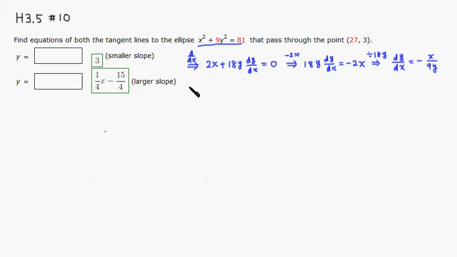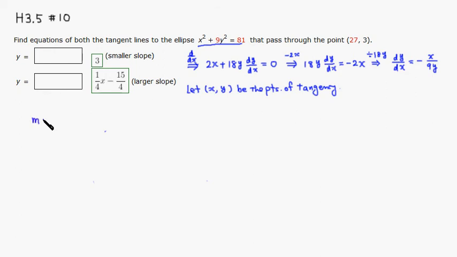Alright, and let's let (x, y) be the point of tangency. That's where the tangent line touches this ellipse. So we can use the slope formula to find the slope.